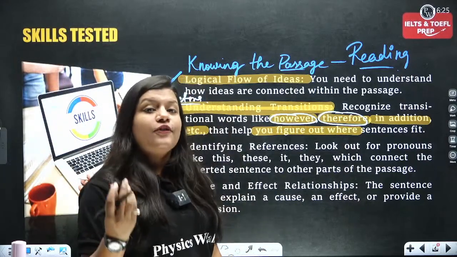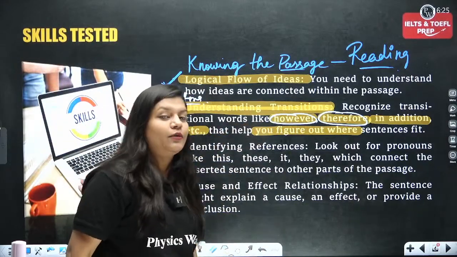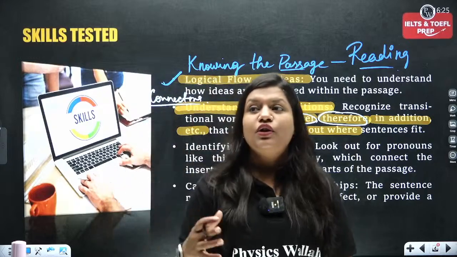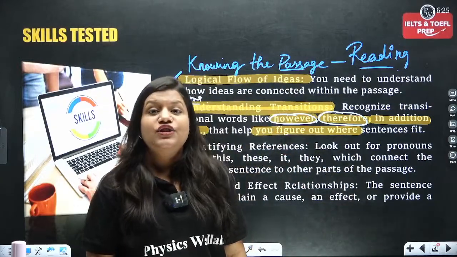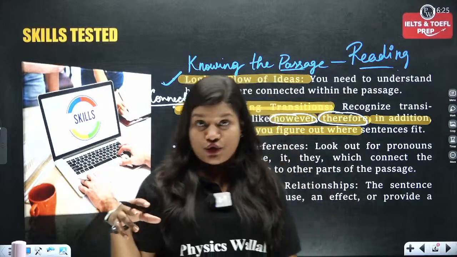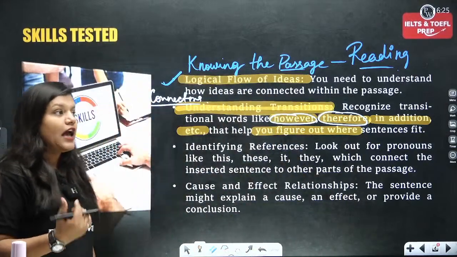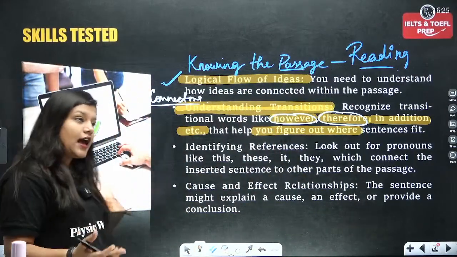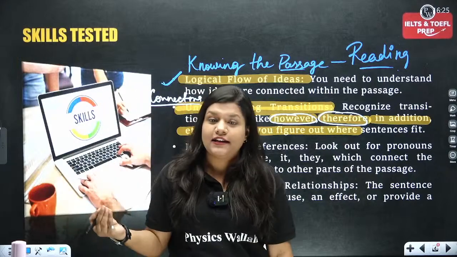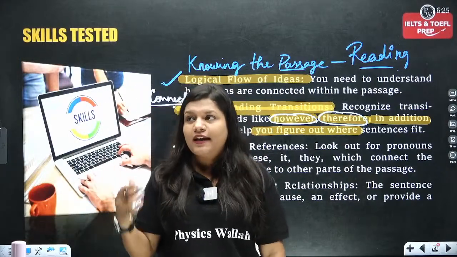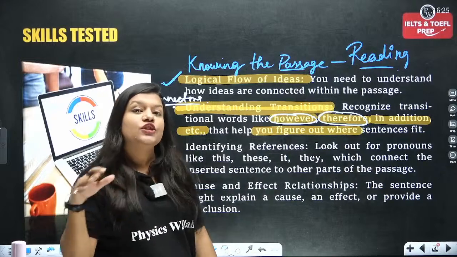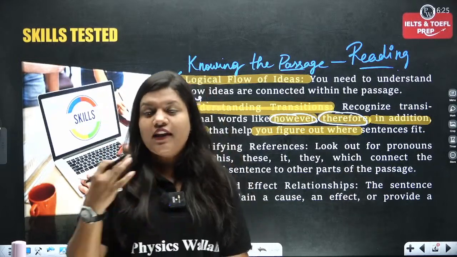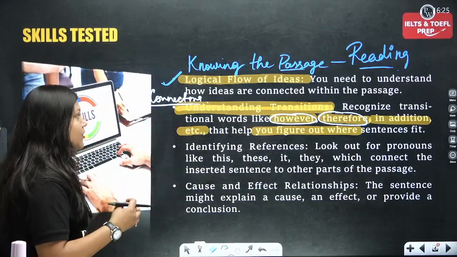If I put however, it means I'm talking about something that's going to be contradictory in nature. Therefore, also the same. In addition, it means I'm adding information to it. Similarly, we have on the contrary, on the other hand, or provided. We have a lot of words that might end up showing a contradiction or a little bit of change in opinion. Whenever there is a change in opinion, we're going to be using connectors.